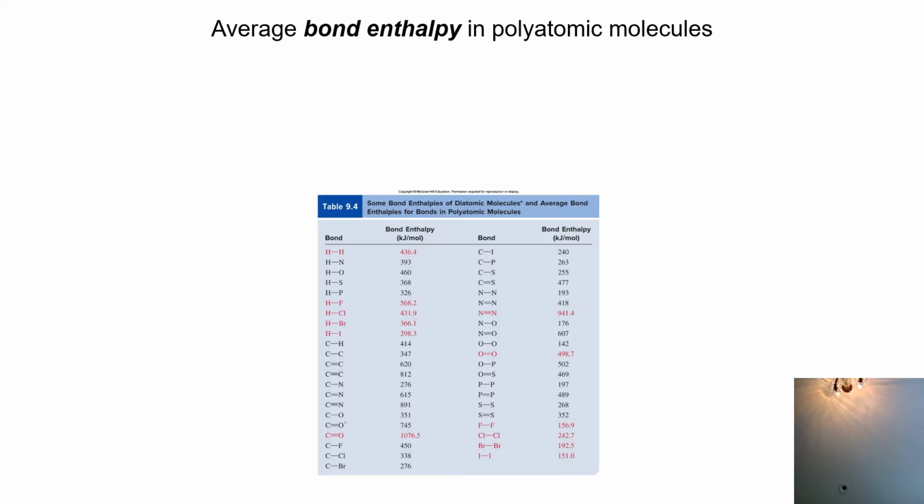This is a table of average bond energies. For diatomic or polyatomic molecules, you can look these up, as you'll note that there are a number of types of bonds listed here, and you will always be provided with those enthalpies if you need them for a problem.